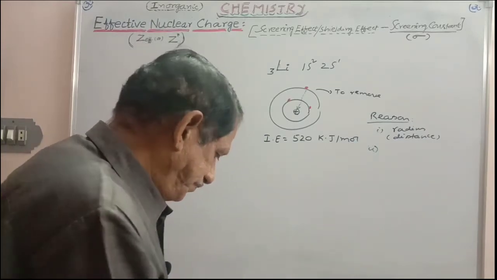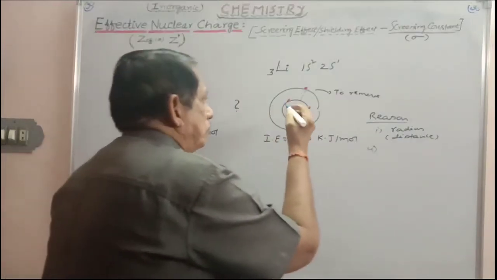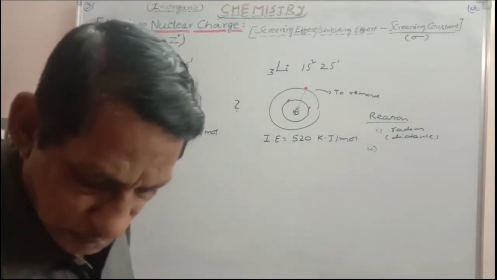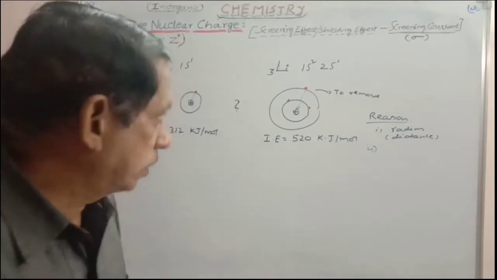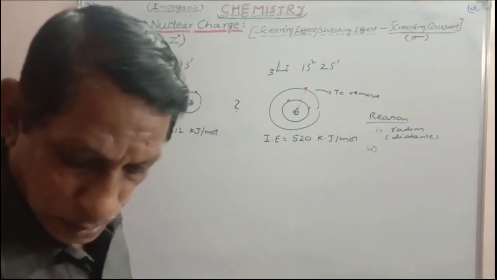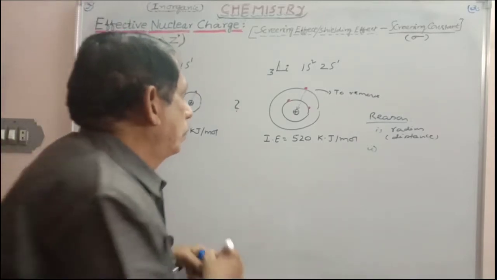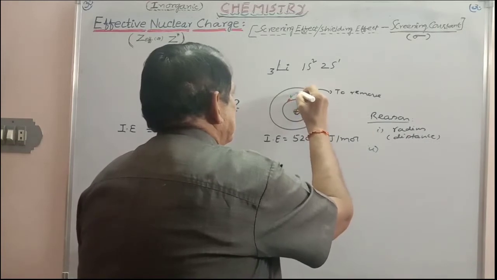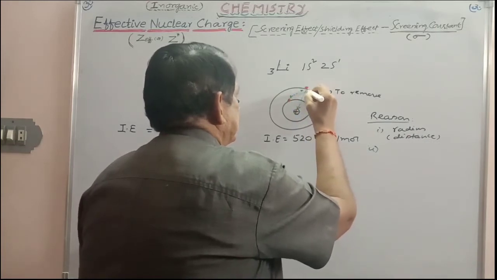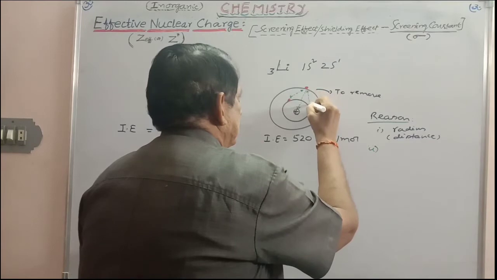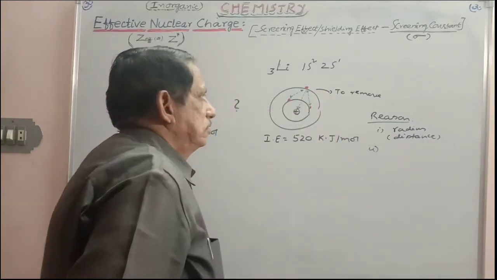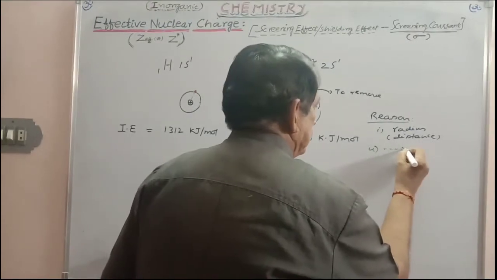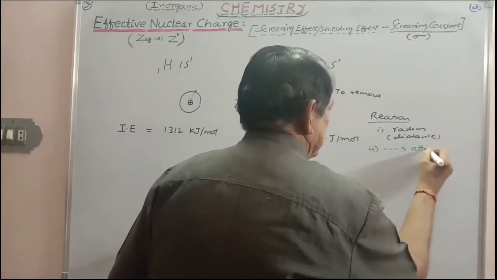Here, you have to consider the repulsions between the core electrons. These are the repulsions. So here, this is attraction.